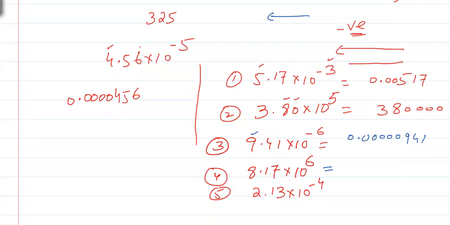Now from here it is 10 to the power 6. The power is positive, so the decimal should go from left to the right. When it moves from left to the right, I need 6 digits. 2 digits are already there, so 4 more zeros. 1, 7, 1, 2, 3, 4. 4 more zeros. And then 2.13 into 10 to the power minus 4. So already 1 digit is there.